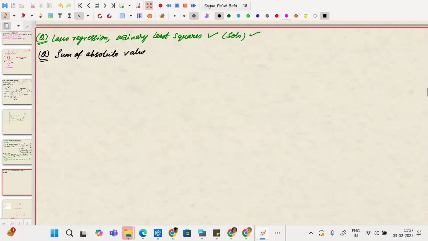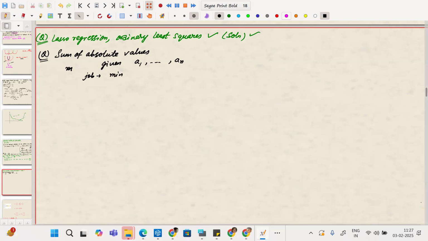Given the data set a1 up to an, our job is to find x such that the minimum of 1 over n summation of mod ai minus x is achieved.